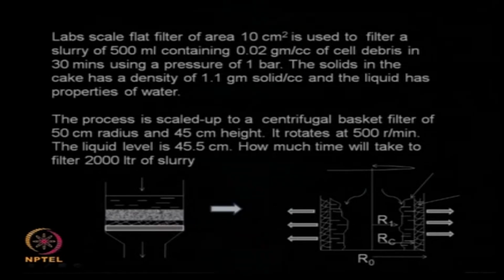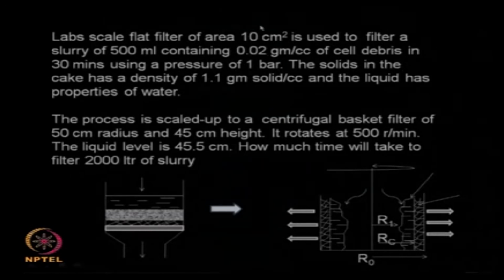You assume the properties of the solid to be the same when you move from the lab scale right up to the manufacturing scale, that is important. So what do you do? You calculate the properties of the cake from the lab scale data and then put that inside the equation for the centrifugal filter and calculate the time required.